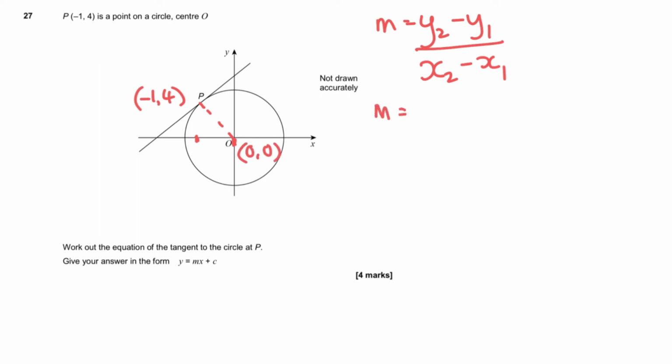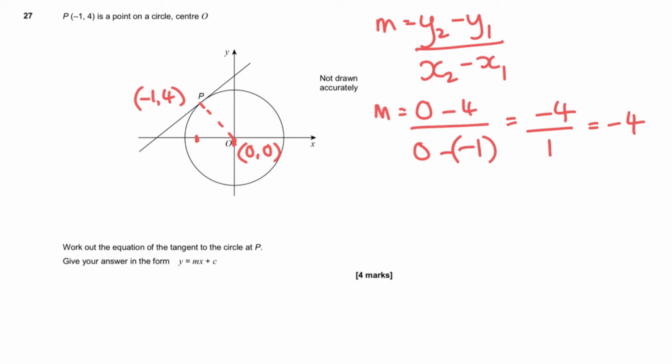So m is going to equal our y2 coordinate, which is 0, minus the y1 coordinate, which is 4, divided by x2 coordinate, which is 0, minus our x1 coordinate, which is -1. So that gives us -4 divided by 1, which gives us a gradient of -4. So that's the gradient of the circle at that point.